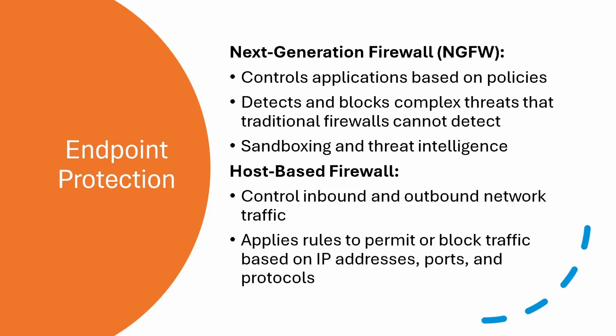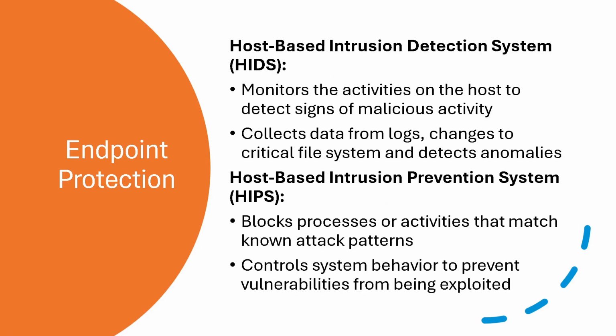Host based firewall. A host based firewall controls inbound and outbound traffic and applies rules to permit or block traffic based on IP addresses, ports, protocols, and other such data. A host based intrusion detection system, or HIDS, monitors the activities on the host to detect signs of malicious activity.